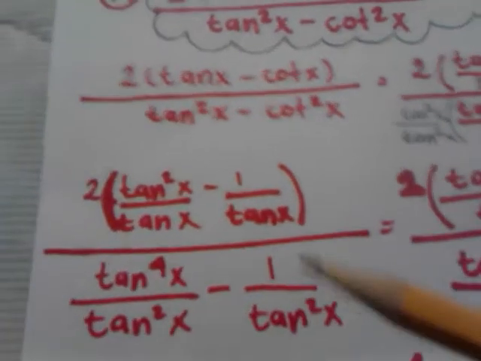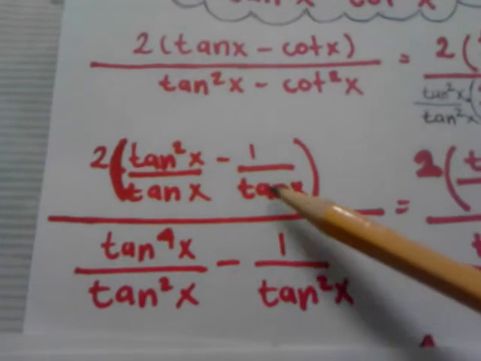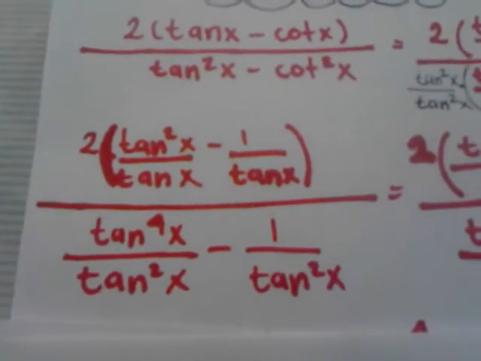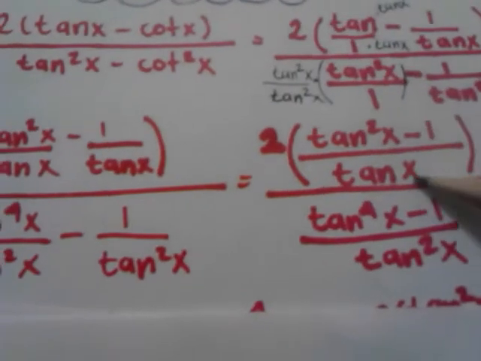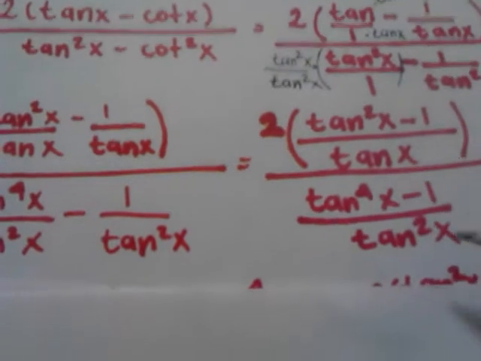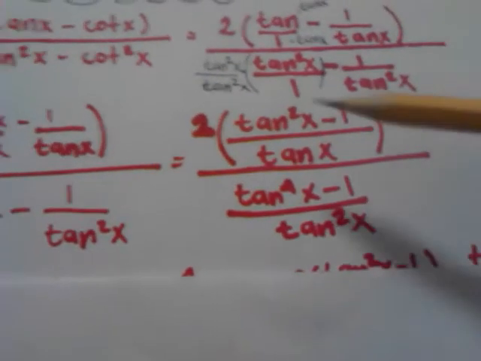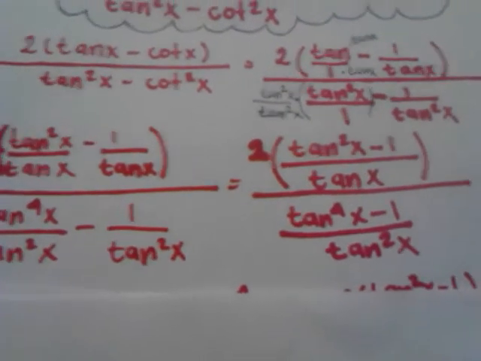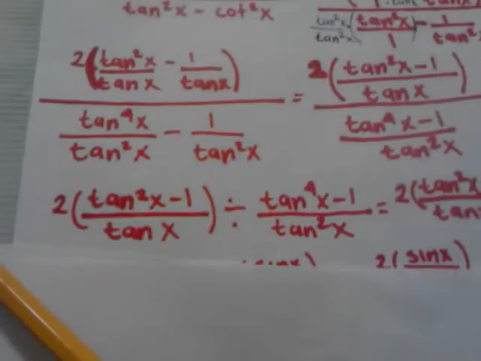So now we see that we have the same common denominator here, and we have this same common denominator here too. So we can write this as 1 just one time, and 1. So this is the same, I just put this together, and we know that this is a division, so we can write this as a division like that.